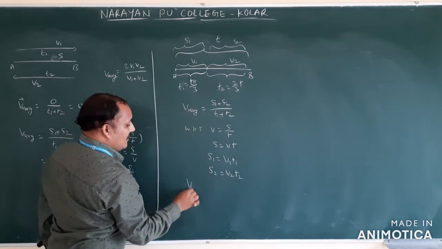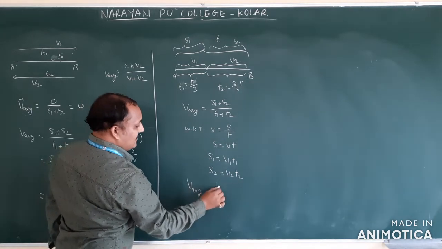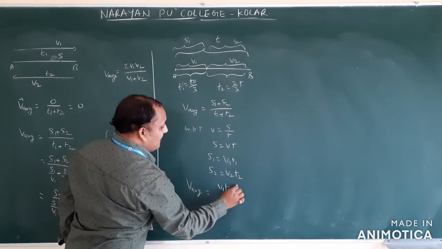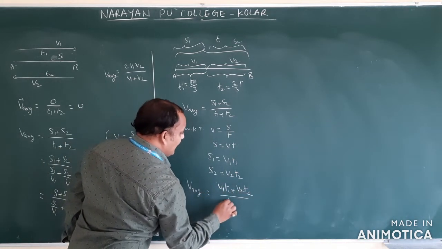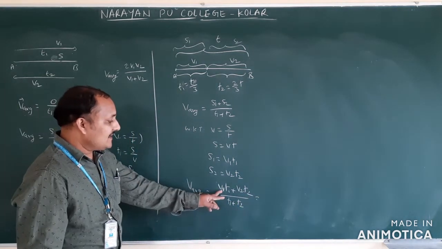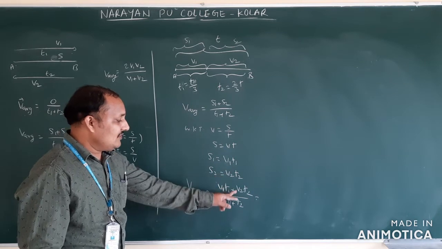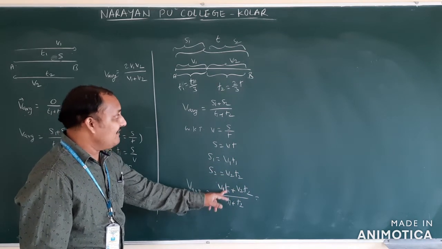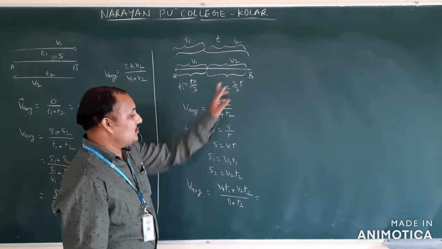Substitute. So V average is equal to V1 T1 plus V2 T2 by T1 plus T2. So first S1 with V1, S2 with V2. Then T1 is T by 3, T2 is 2T by 3.